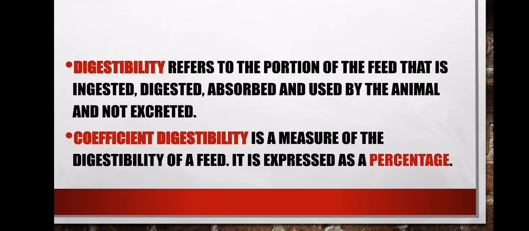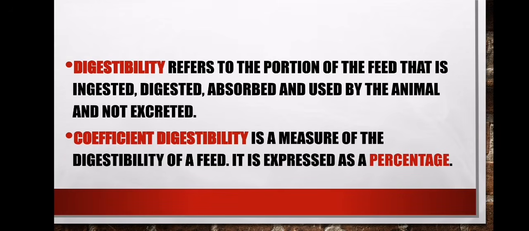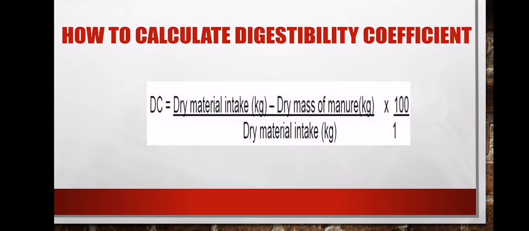And this coefficient is expressed in percentage. So now you know the units for the digestibility coefficient are percents. So now we have covered three things: the definition of digestibility, the digestibility coefficient, which is a measure of digestibility, and the units, which are percentages.